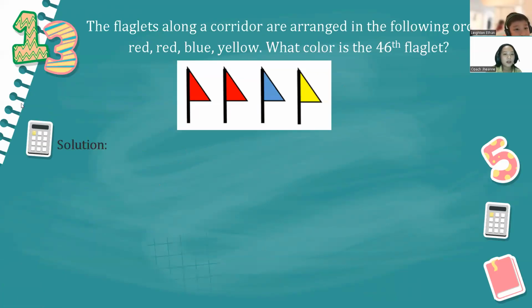The flaglets along a corridor are arranged in the following pattern: red, red, blue, yellow. What color is the 46th flaglet?